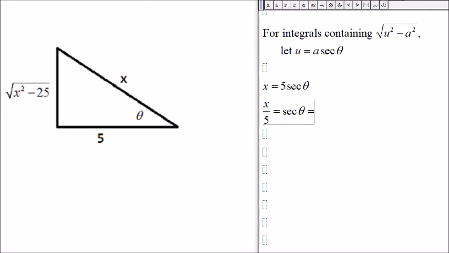And recall that by definition, secant is hypotenuse over adjacent. Since cosine is adjacent over hypotenuse, secant is hypotenuse over adjacent.